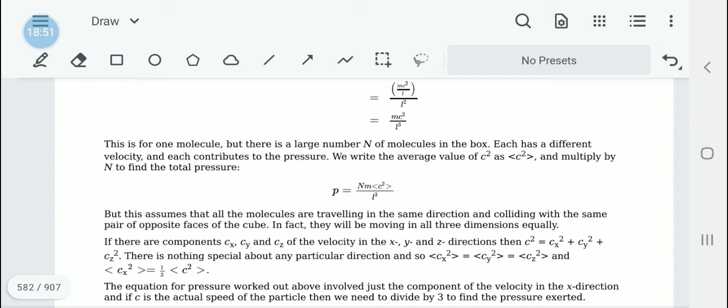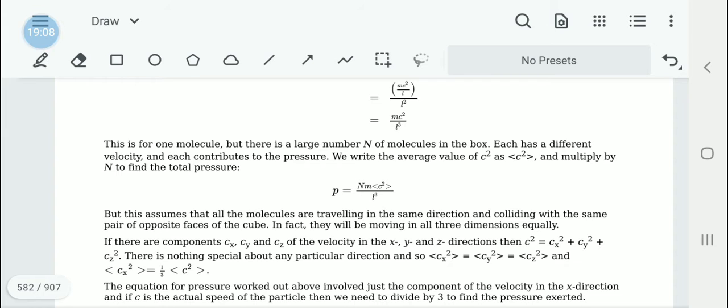Then there are a large number of molecules in the box, and they all have a different velocity. Each of these contributes to the pressure. So then we take the average value of c squared, right?